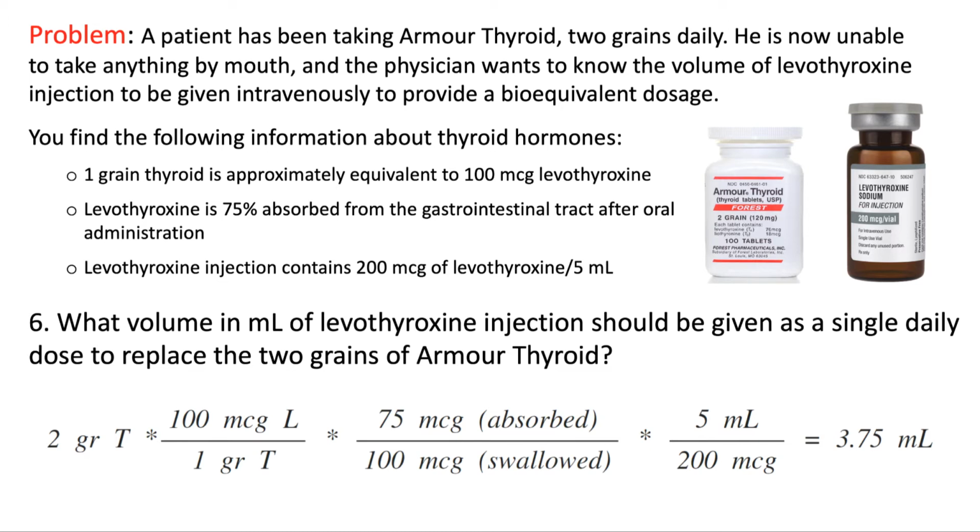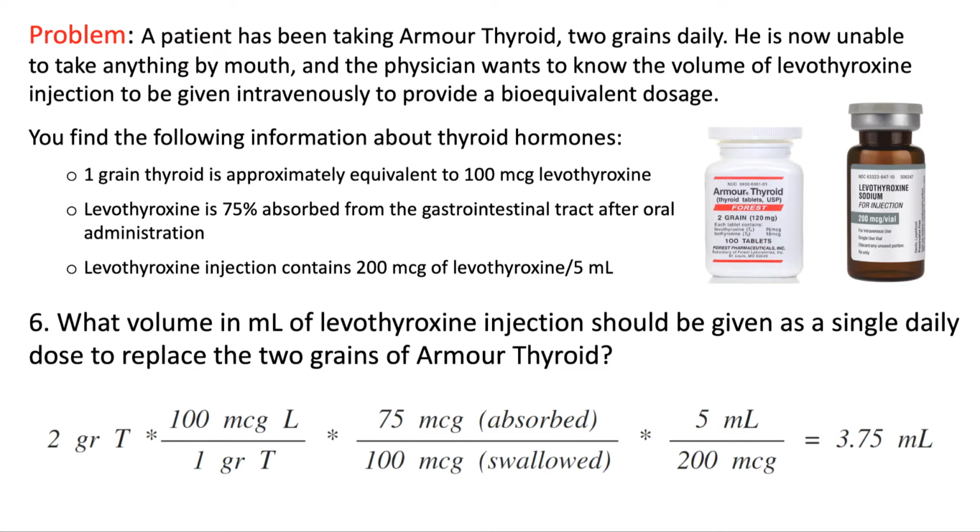The problem we were also told, though, is that we only absorb 75% of any given dose from the stomach. So now what I'm going to multiply is that by that 75% expressed as we only absorb 75 micrograms for every 100 micrograms that's swallowed.